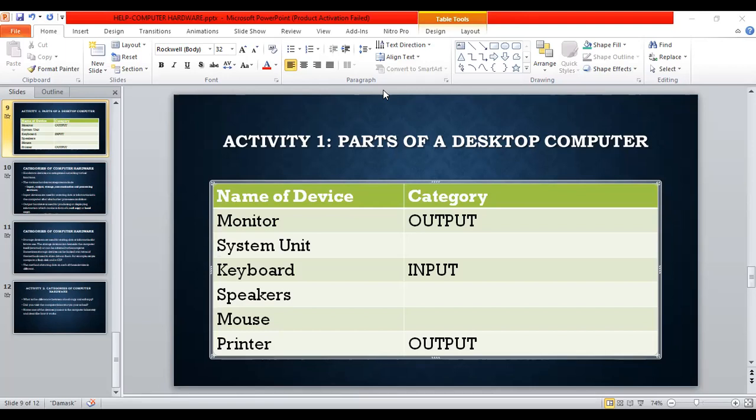So if you say speakers and then you give a reason, you didn't tell us: is it an input device or output? So, Catherine, you said speakers. What about speakers? Output. Okay.